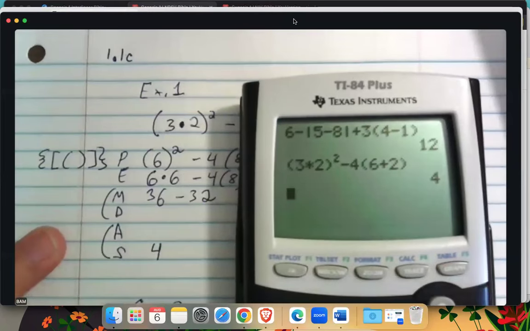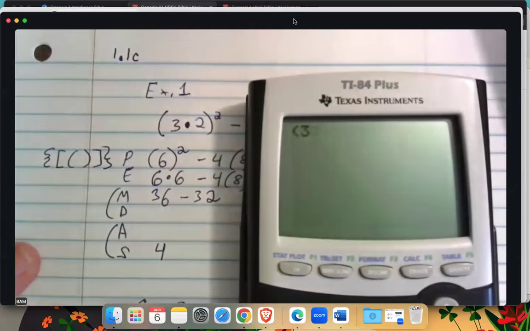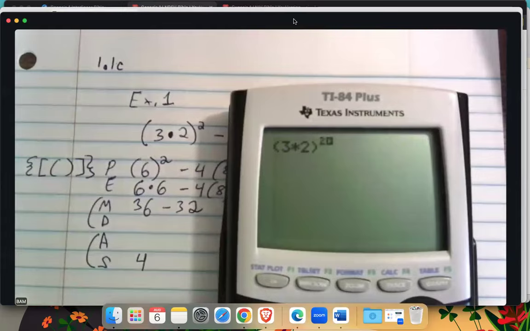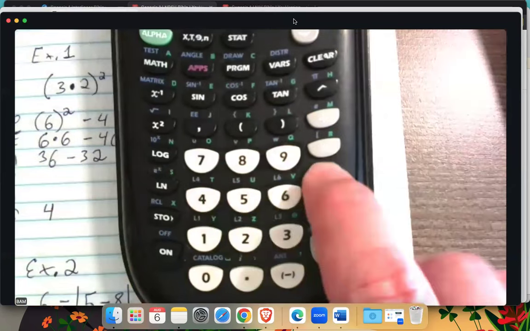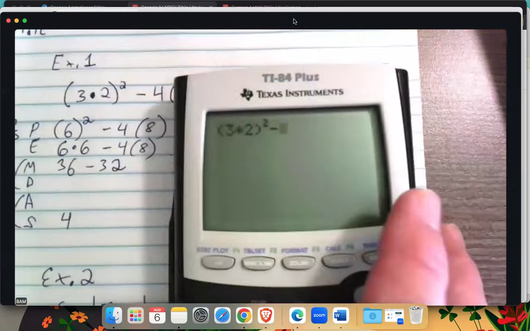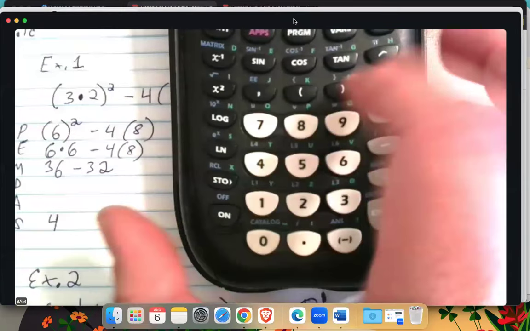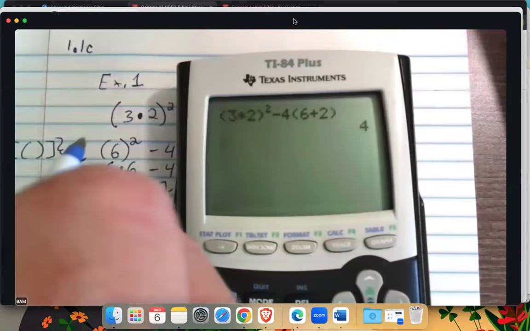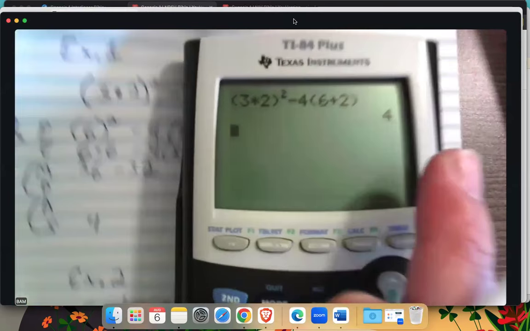On this one, I have left parenthesis 3, and I don't really have the dot hovering in the middle, so I say times 2, right parenthesis to the power of 2, and then I get out of the exponent area, and I put a large minus sign because it's different than negative on this calculator. 4, and then left parenthesis 6 plus 2, and this will help me check the answer, and I did get 4. So we're following this order of operations like the story in Genesis 1 about creation.